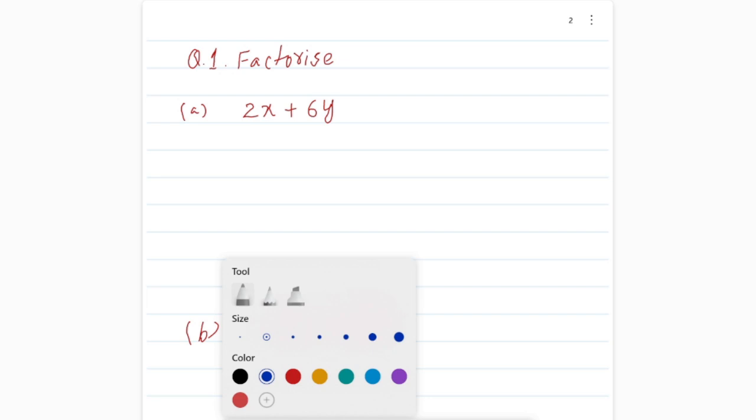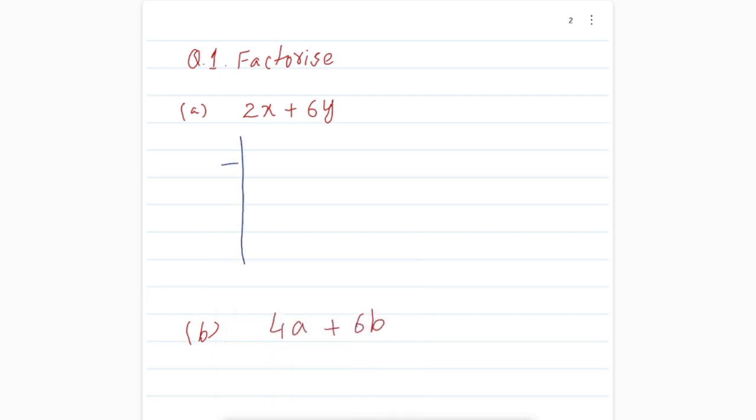So we'll be writing 2x plus 6y, and then we'll be looking for the number which is dividing both 2 and 6. So obviously 2 is there, so we'll be dividing by 2. So 2 ones are 2x, and x remains the same, plus, and 2 how many times is 6?